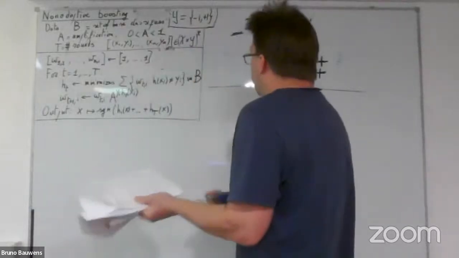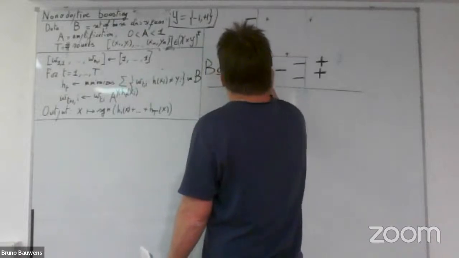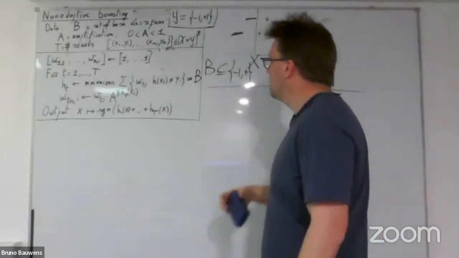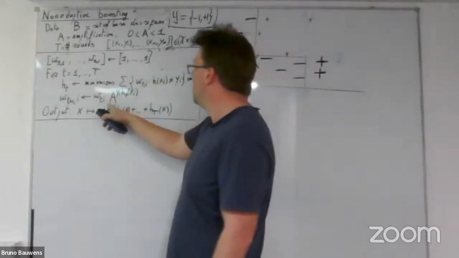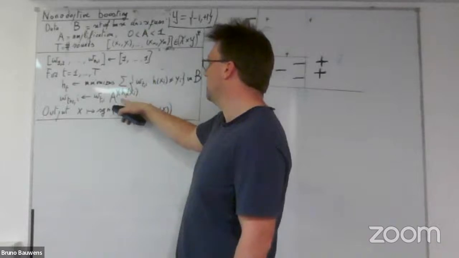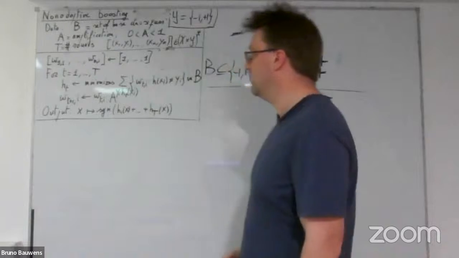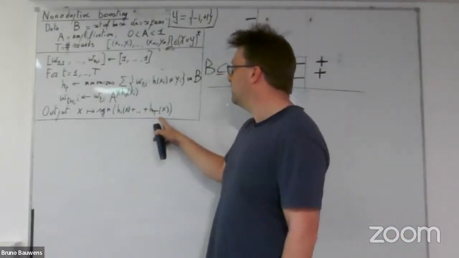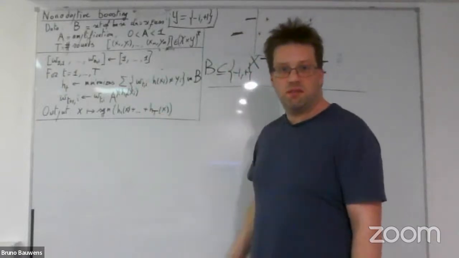What I want to say is that B is a subset of functions {-1, +1} to the power X. Okay, so we select the h in B that minimizes the sum, then we update the weights. And so here we have two values that are both -1 and +1. If they're equal, the exponent will be positive and the weight decreases, otherwise it's negative. And then the output is the majority vote of selected classifiers in each of the T rounds. So that's it.